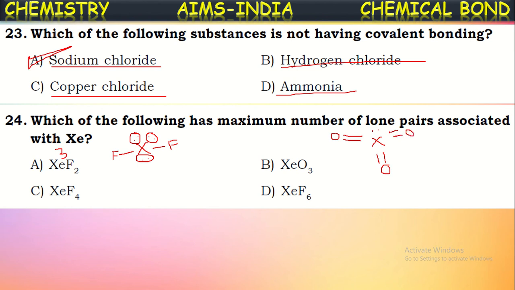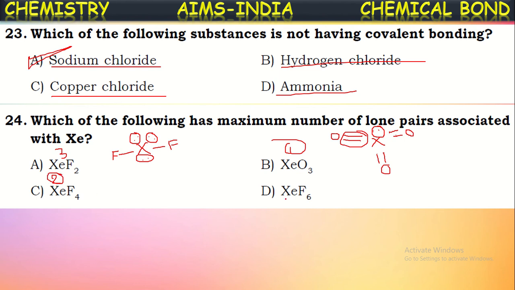Now only one lone pair of electrons is on this. So here we can consider this as a dative bond. In xenon tetrafluoride, 4 electrons will participate in the covalent bond formation. The remaining 4 electrons, 2 pairs of electrons, will be unbonded, which are called 2 lone pairs.